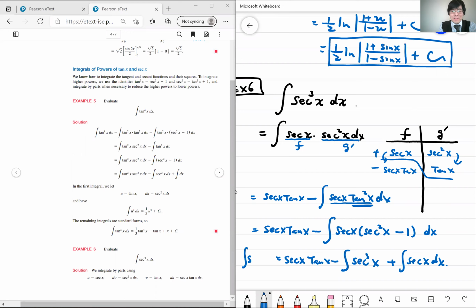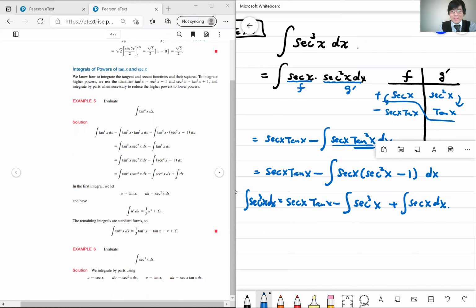Left hand side was integral of secant x cube dx. Do you see this is the same thing as this here, dx. So let's say this is equal to I. Then you can combine these terms in the left hand side.